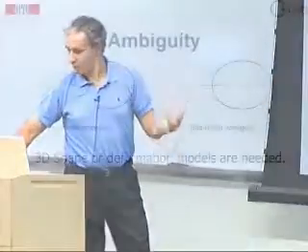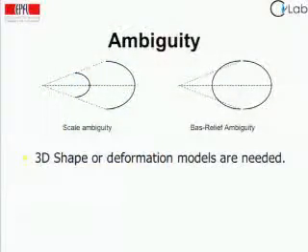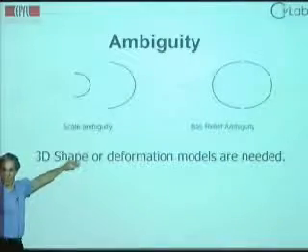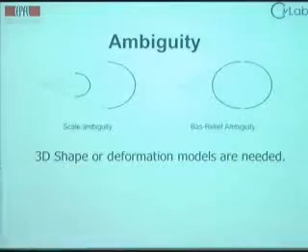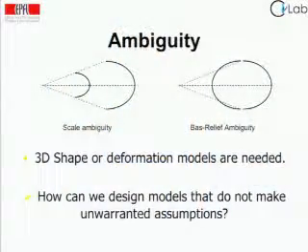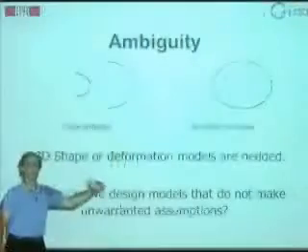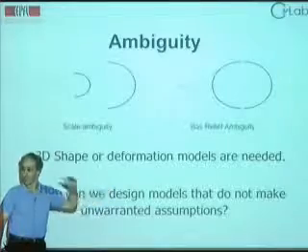And there are in fact many more than this. So what we're trying to solve is a highly ambiguous, under-constrained problem, and we are going to need some form of shape model or deformation model to solve it. The challenge we've tried to address in this work is, how can we design our models, our regularization terms, so that we make as few assumptions as possible on the deformations?